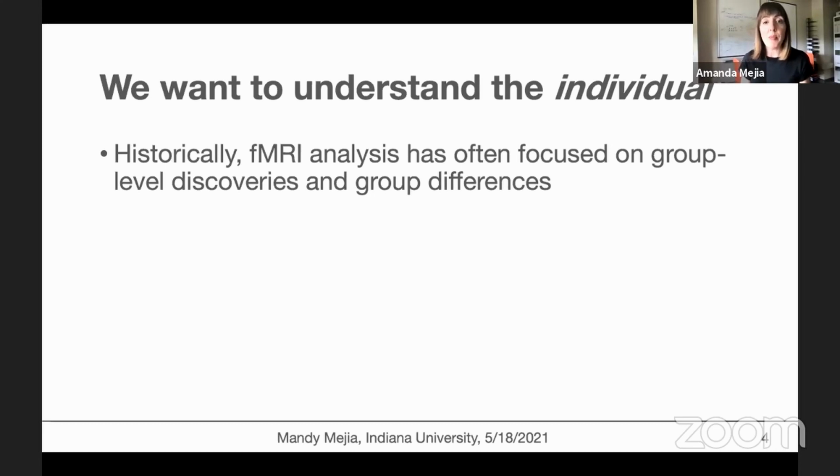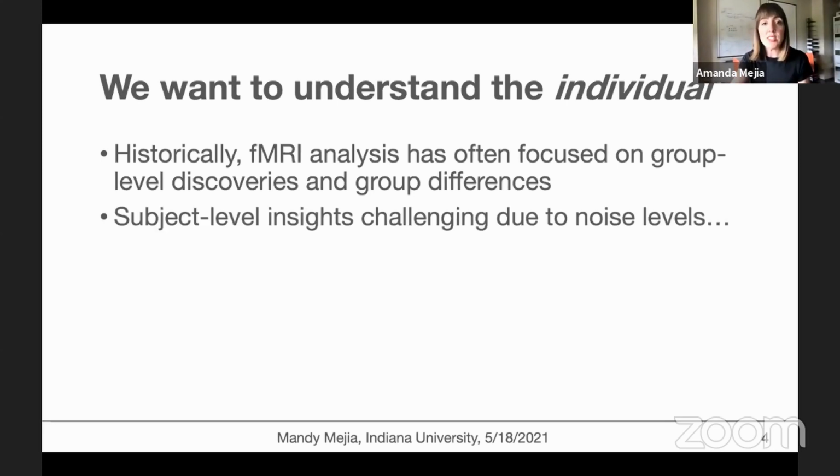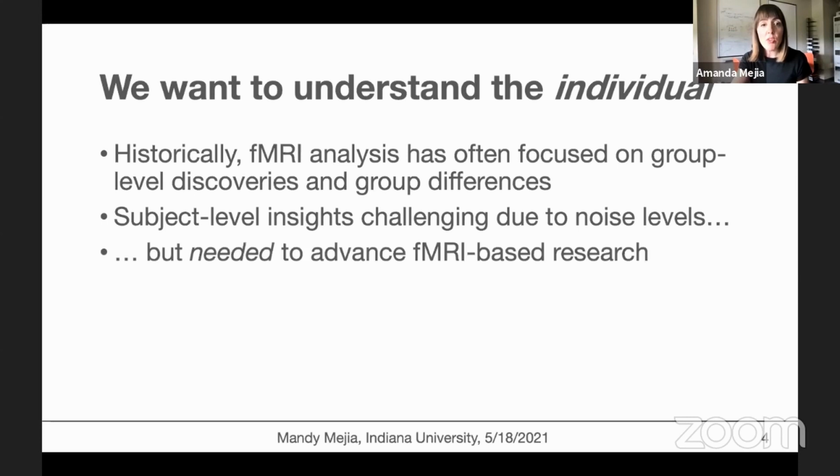So historically, fMRI analysis has focused on group level discoveries and group differences. Subject level insights have been challenging to extract accurately due to the low signal to noise in fMRI, but I would argue that they're of vital importance in order to advance fMRI-based research to the next frontiers.